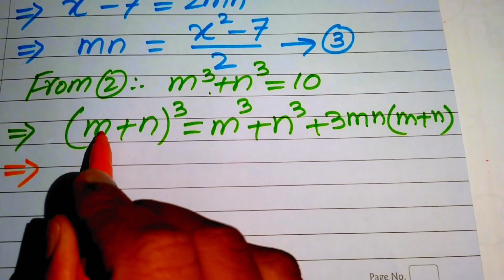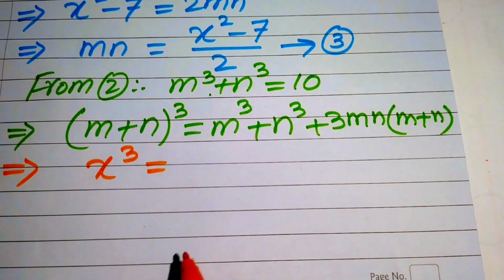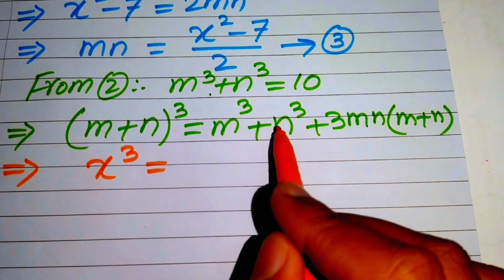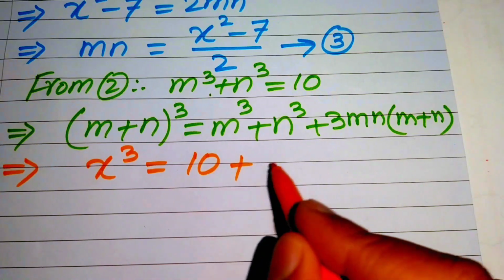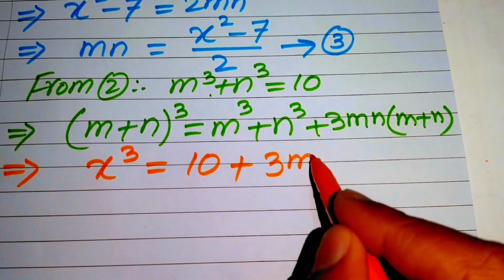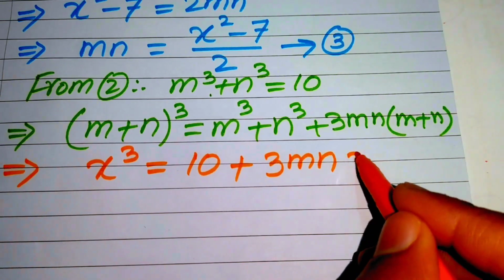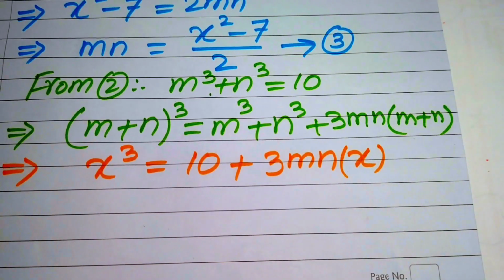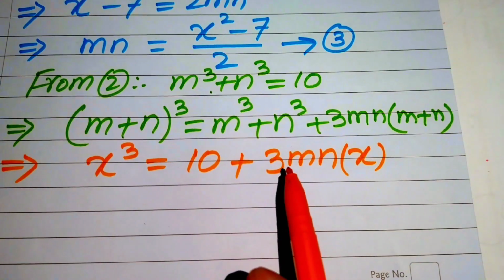Because m plus n equals x, it becomes x cubed equals the value of m cubed plus n cubed, which is 10, plus 3 times m multiplied by n, and the value of m plus n is also x. So now we find the value of m multiplied by n.